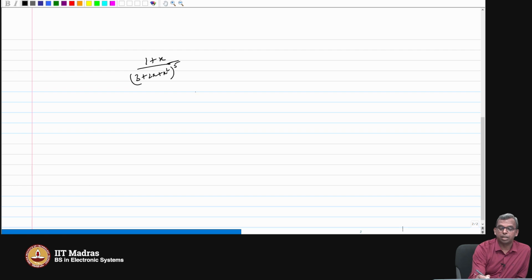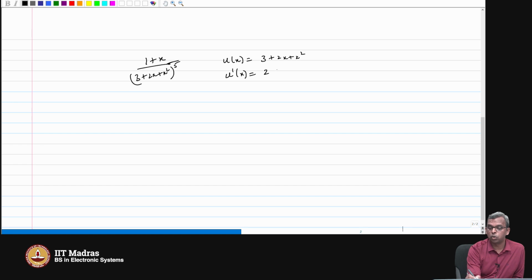Anytime you look at a function like this, the most obvious u of x is what's buried inside. It's 3 plus 2x plus x squared, isn't it? Do you see that? And what is u prime of x? Immediately you have to compute u prime of x. It is 2 plus 2x, isn't it? And that is 2 times 1 plus x. So notice you got the 1 plus x also.